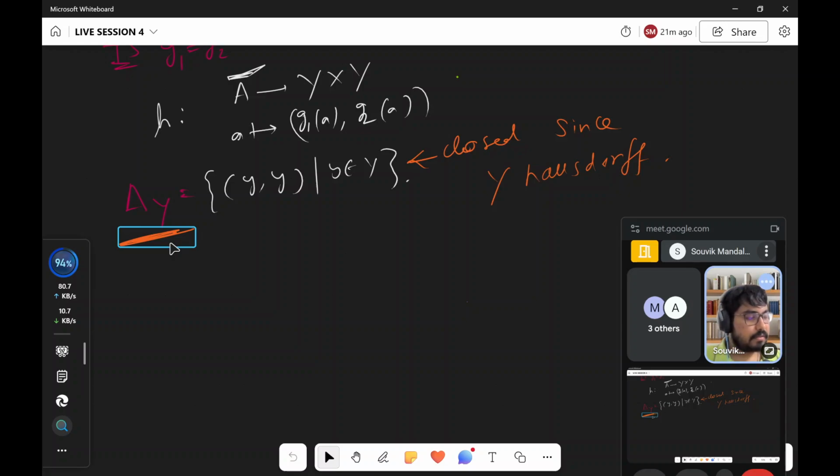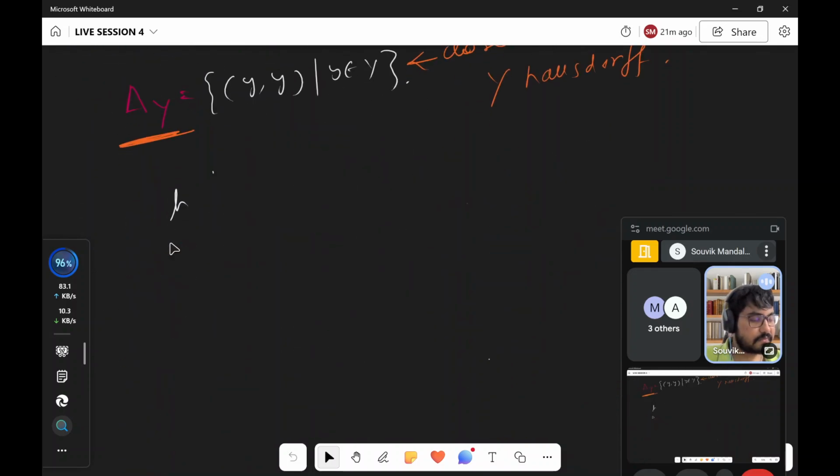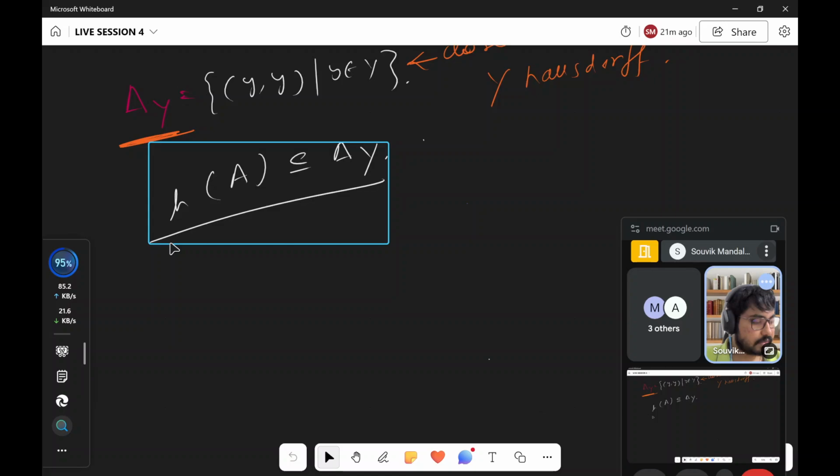Now the point is that since G1 restricted to A is equal to G2 restricted to A, h of A lies within delta of Y, correct? Because G1 and G2 are equal on A. Now if you take closure, we get h of A closure is a subset of delta Y closure, and we have seen that delta Y is closed, so it equals delta Y, and this holds because h is continuous.